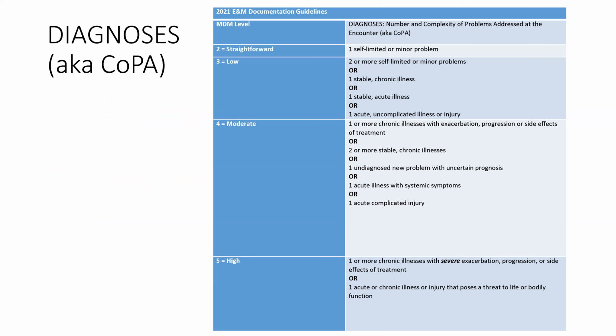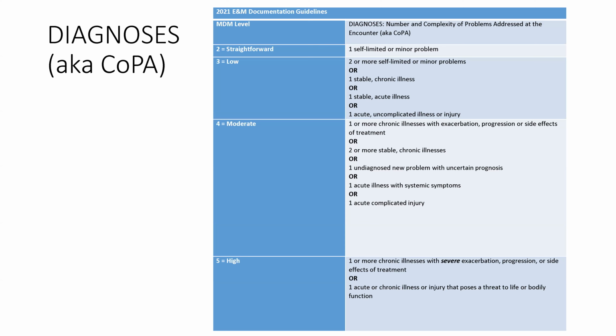Typically in the inpatient setting on an H&P, you're trying for a 5, the high level, as opposed to clinic where you're mostly trying to get a 4. To get to a 5, you need 1 or more chronic illnesses with severe exacerbation, progression, or side effects of treatment, or 1 acute or chronic illness or injury that poses a threat to life or bodily function.